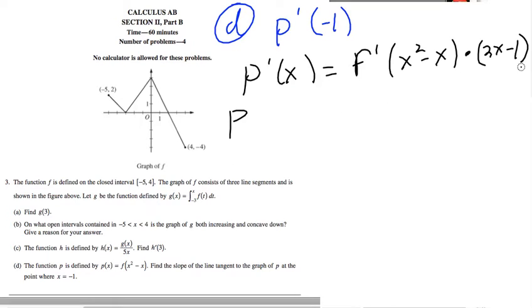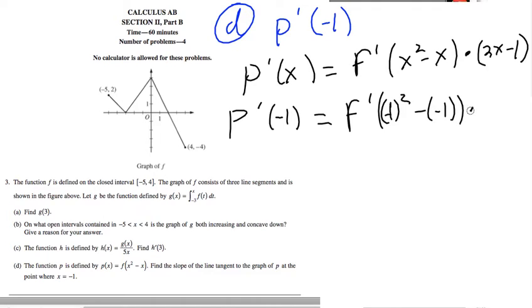Once again, we could simplify this, but if our goal is a value, let's just plug in negative 1 and let that do the work. We have f prime of negative 1 squared minus negative 1, times 2 times negative 1 minus 1.